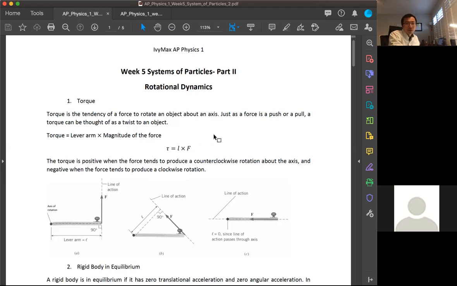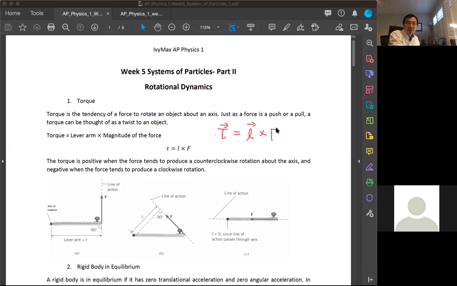Torque is obviously a vector, right? It has a magnitude and it has a direction, and this vector is defined in this way.